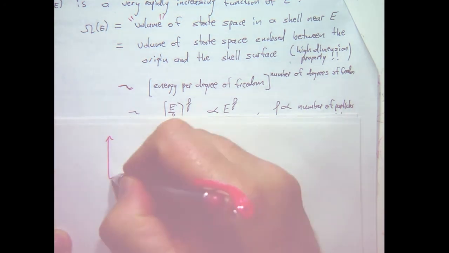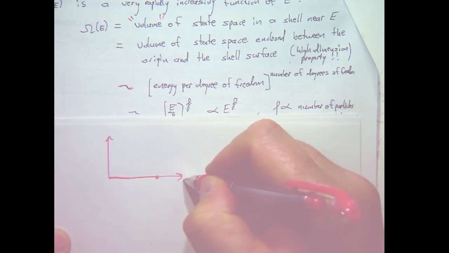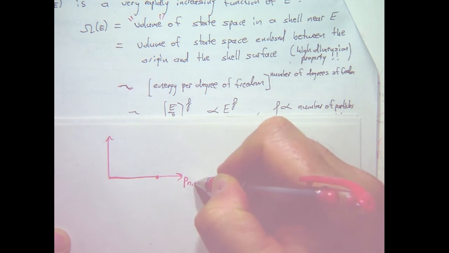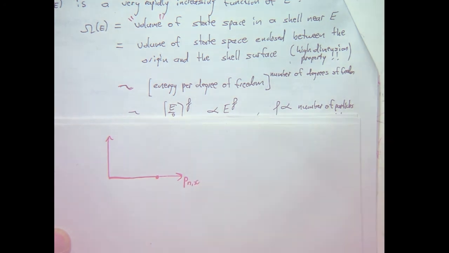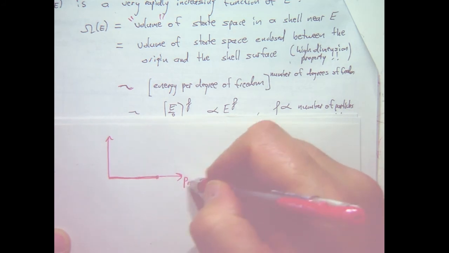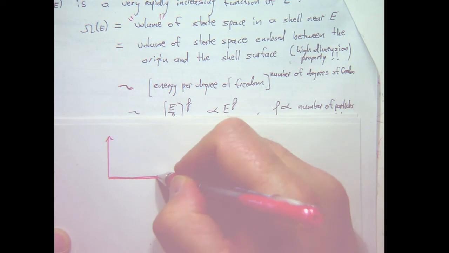microstates of the system. So one possible microstate is that, let's say this is the momentum of particle n in the x direction. Actually, what I should do is have the equivalent energy.